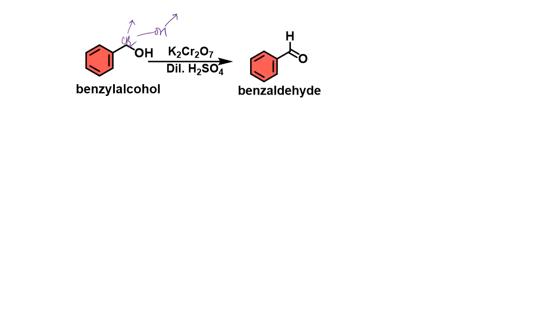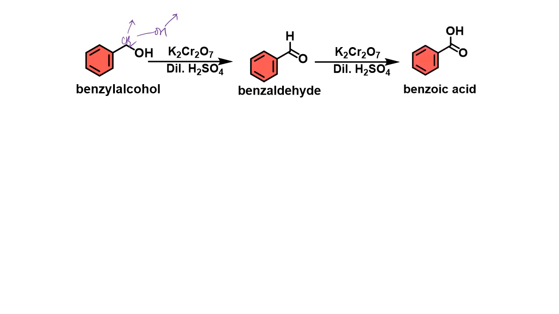But as I told you, do remember that further oxidation may take place. So complete the equation with one more step and add one oxygen to convert this aldehyde into a carboxylic acid group. So primary alcohol will give us aldehyde, which may further undergo oxidation to give you acid finally.